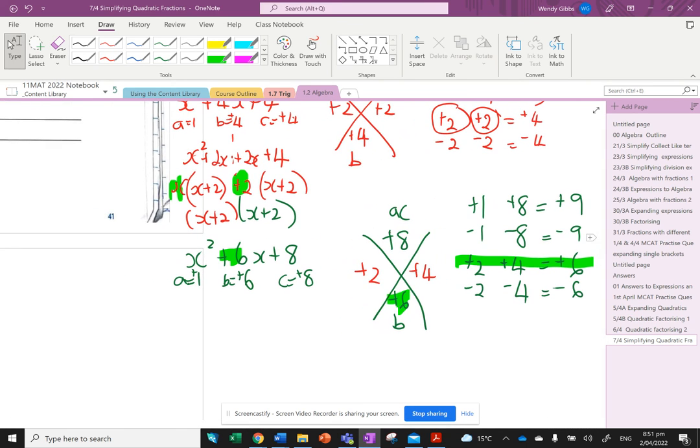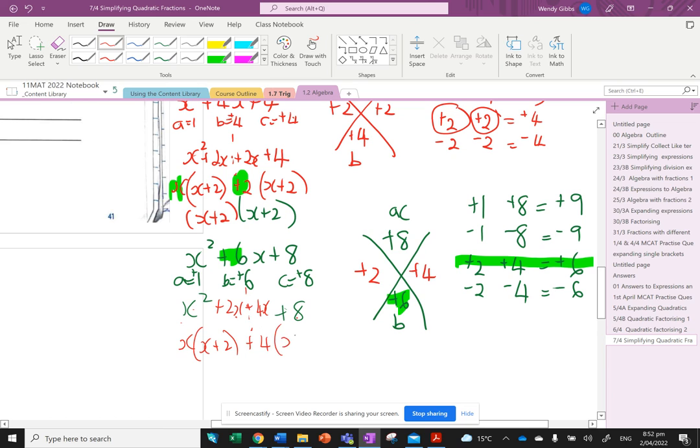So then we go over here and we have the first term stays the same, x squared. The last term stays the same. But instead of positive 6x in the middle, we write plus 2x plus 4x. Divide it down the middle. Common factor is x. x plus 2 is one bracket. 4 is common to this side. x plus 2.